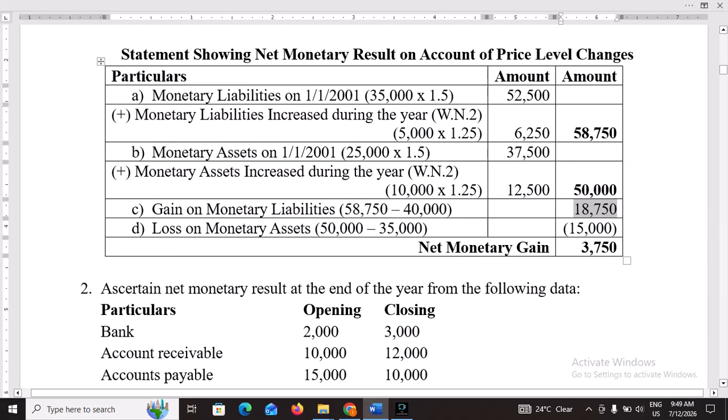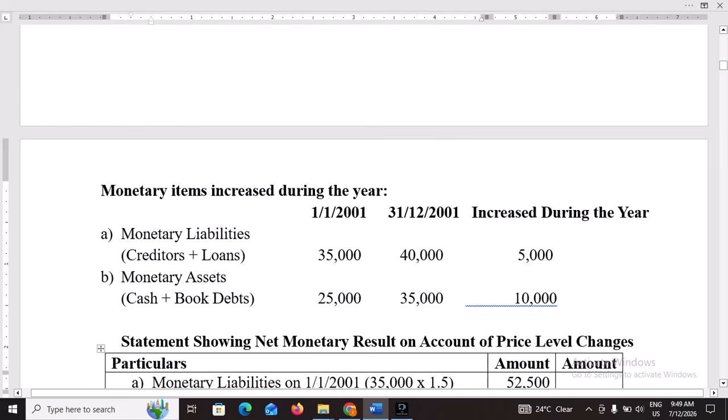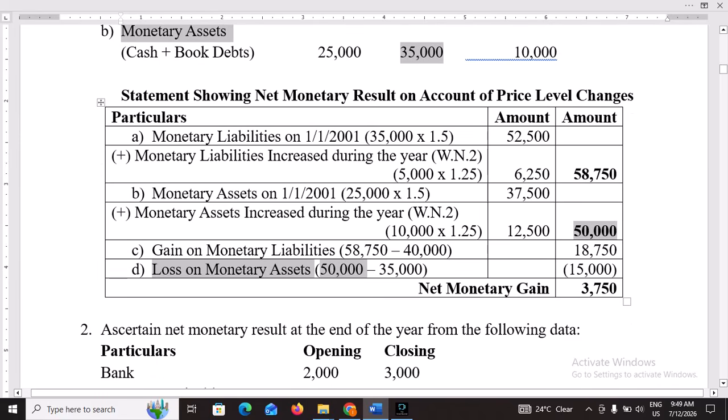It is a gain. Positive means gain. Next, loss on monetary assets: monetary assets are 50,000, minus closing monetary assets of 35,000, which is 15,000. That is the monetary loss. Simple.